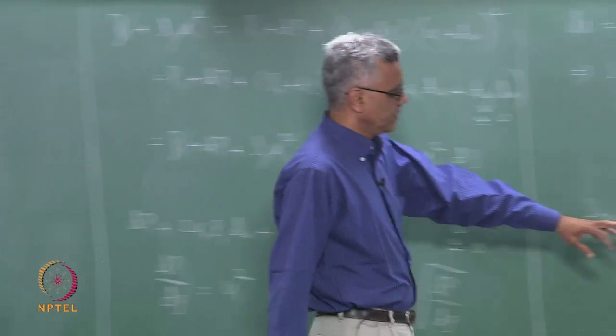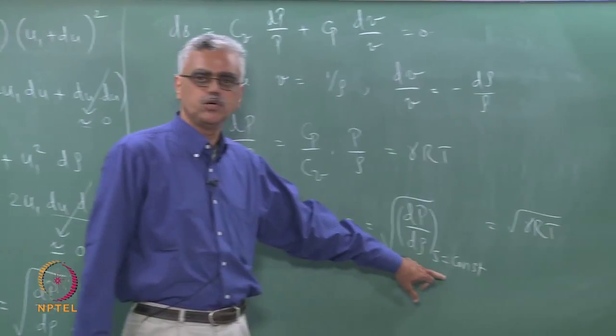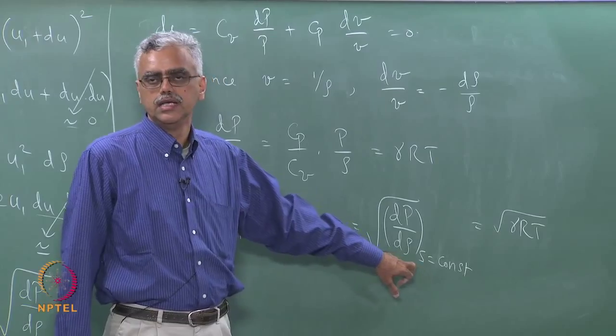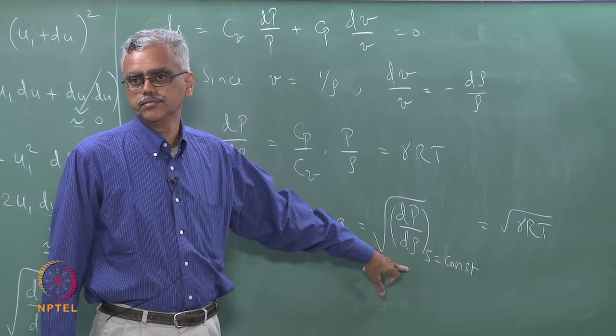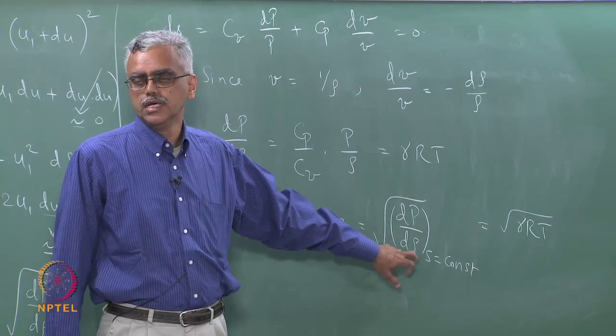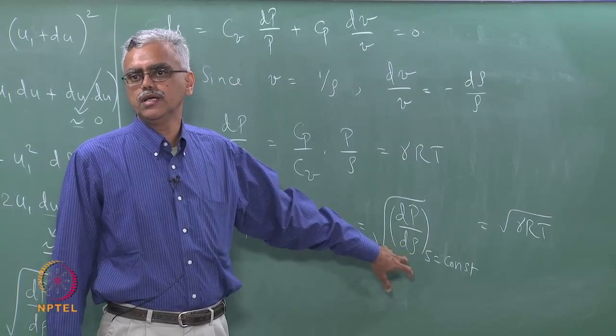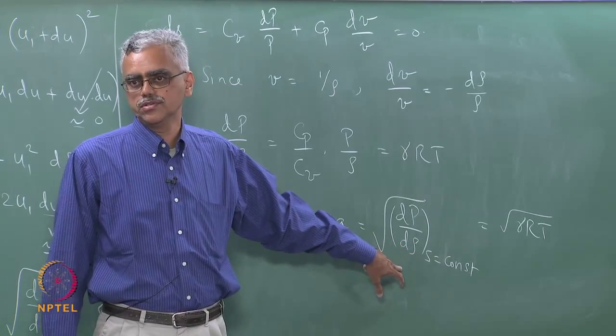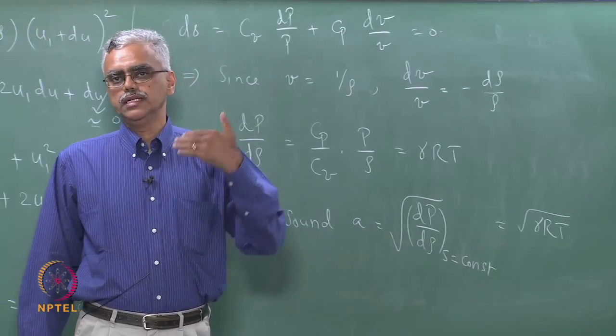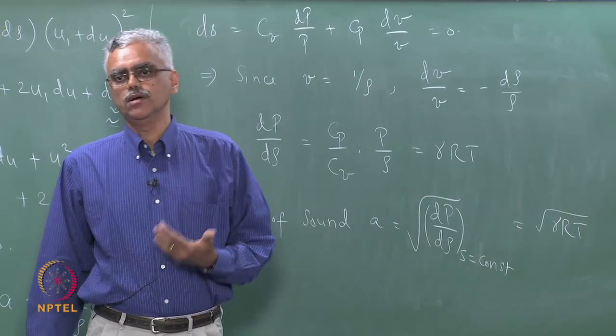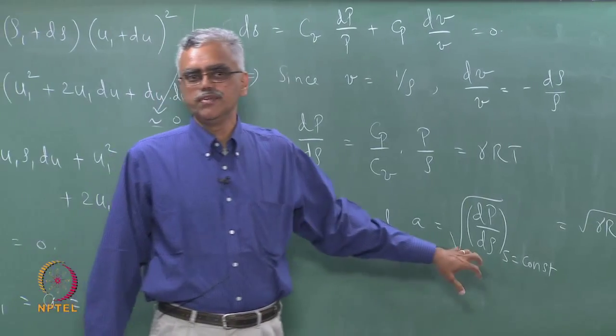This definition is very important. dp d rho with s equal to constant is very important, because when you are working with reacting compressible flows, it is not possible to calculate speed of sound even in those cases, because by virtue of a chemical reaction entropy does not remain constant. So it will be very difficult to define this.